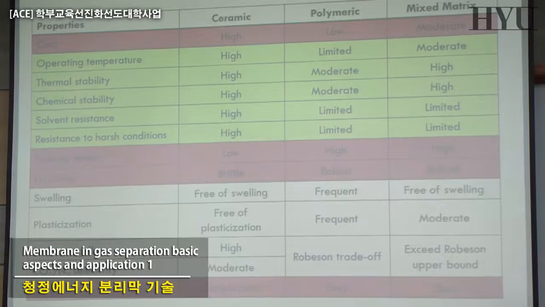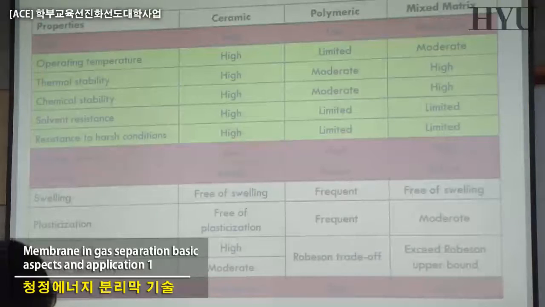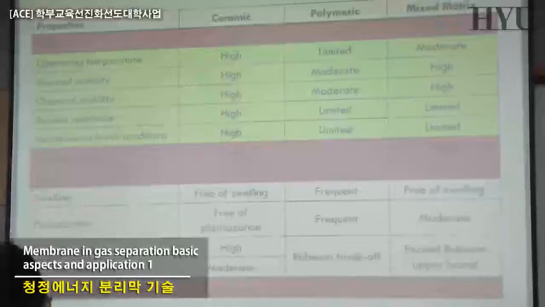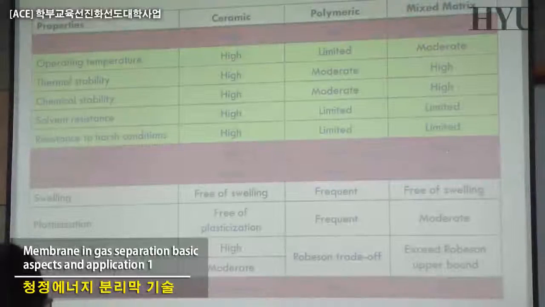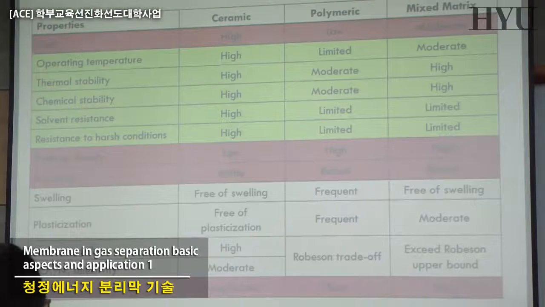So you can make a comparison today between ceramic membranes, polymeric membranes, and mixed matrix membranes. As you can see here, in some cases the mixed matrix have quite interesting properties compared to the polymeric or to the ceramic. Ceramic membranes have a relatively low packing density, and mixed matrix can have a quite higher one.